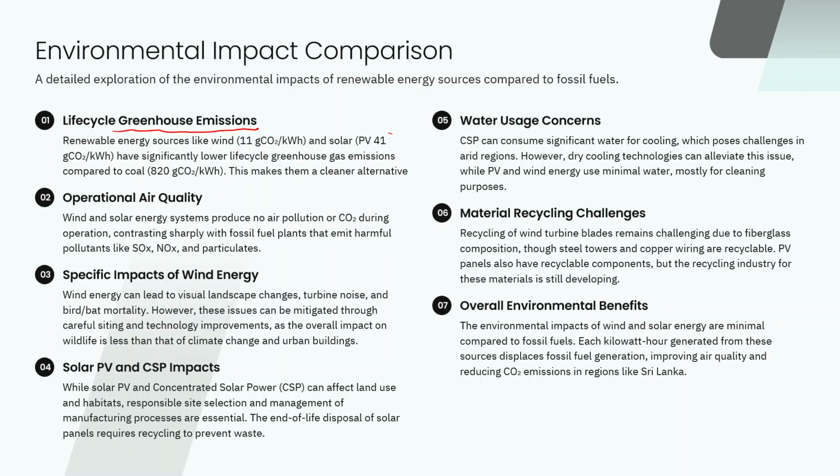So this number is a little higher than wind, but you can see that they are significantly less than the greenhouse gas emission of a coal power plant, where you get around 820 grams of CO2 per kilowatt hour. So very high compared to the PV systems and the wind energy system, right?